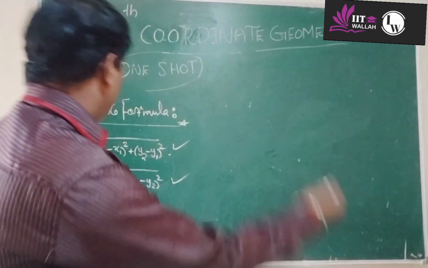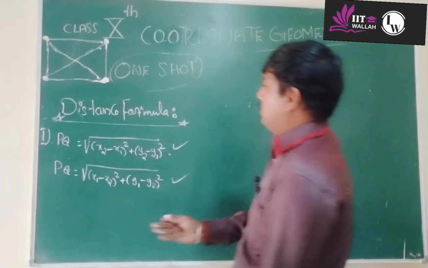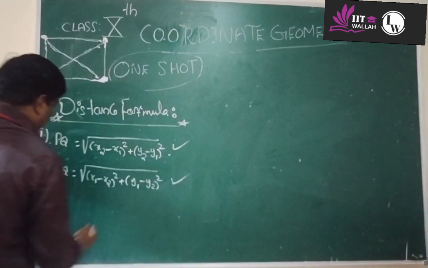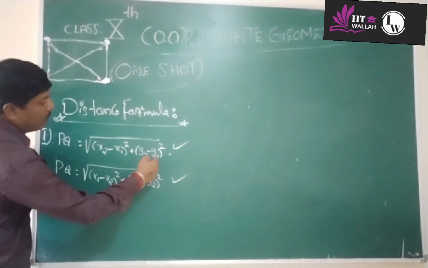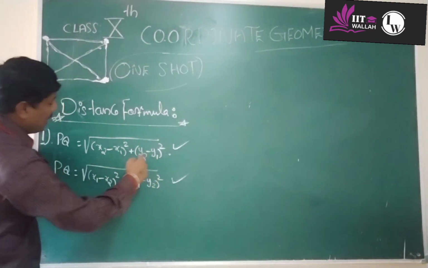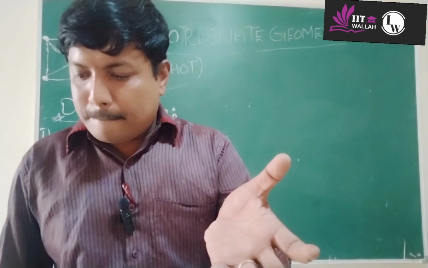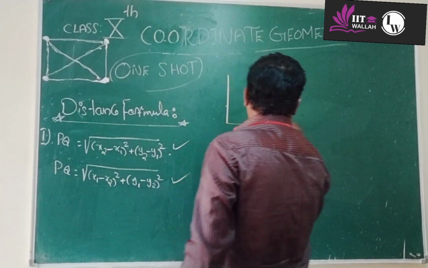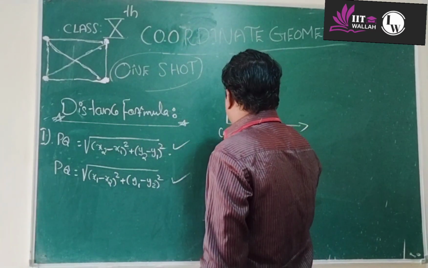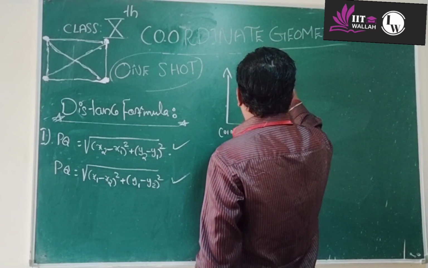Suppose we want to find the distance from the origin. For the origin, the coordinates are 0, 0. Suppose this is the origin 0, 0 and this is a point P, x, y.